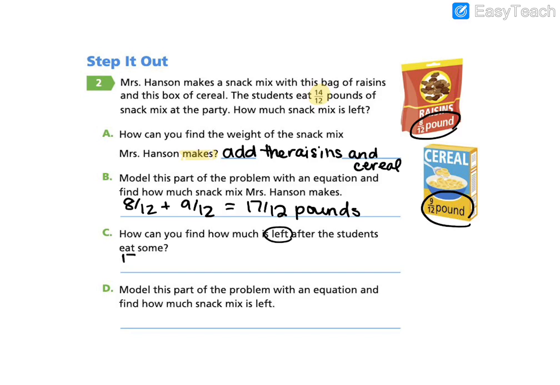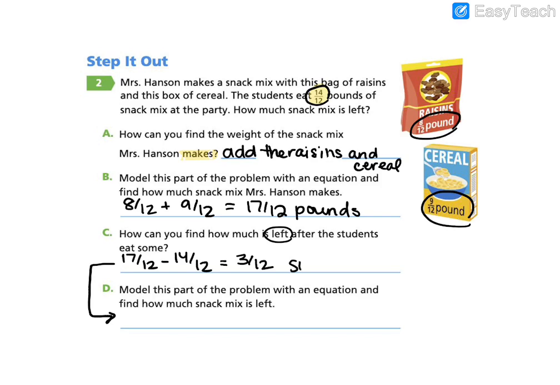We know that she made 17/12 of a pound, but the students ate 14/12 pounds. So if they ate 14/12 of the 17/12, how much is left? 3/12. So that's our equation that goes right there.